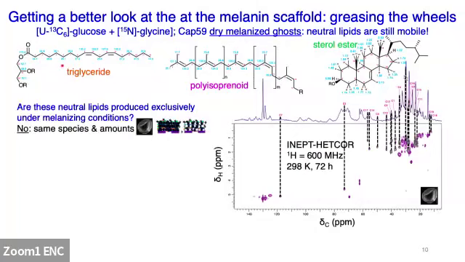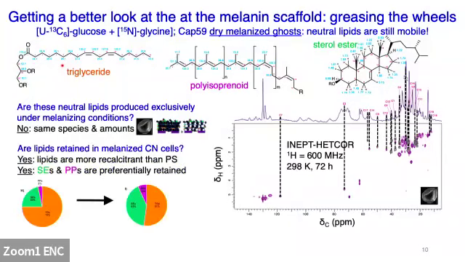The first question to ask is, does this require melanization to be present? And the answer is no. They're there anyway, and they may facilitate the melanization, but they are there. Secondly, are the lipids retained in melanized cells? Well, they are. We wouldn't see them otherwise. And they are retained preferentially to the polysaccharides, which really is surprising.